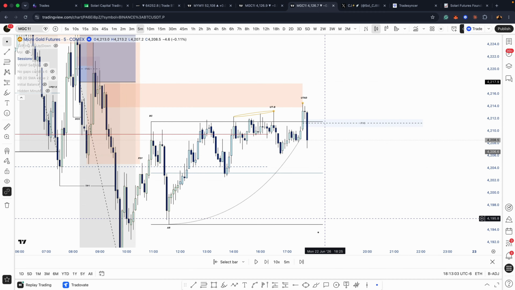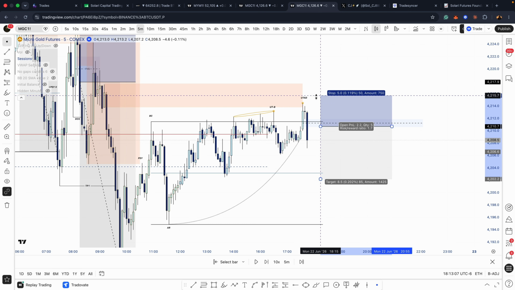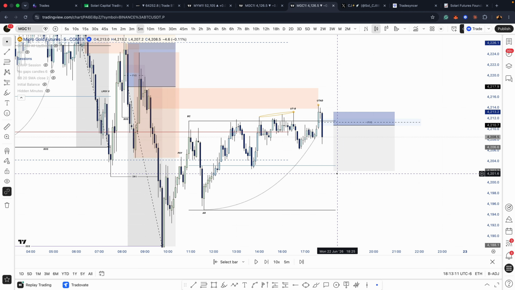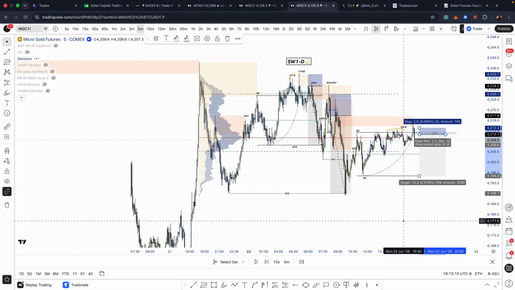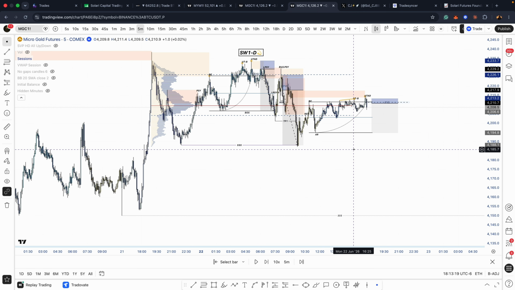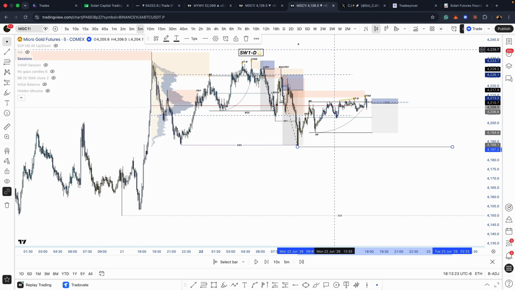Perfect. Short can be going on there. Stop loss above that high. Run down to that AR target. And I mean, we got a lot of targets below. We have this target as well.